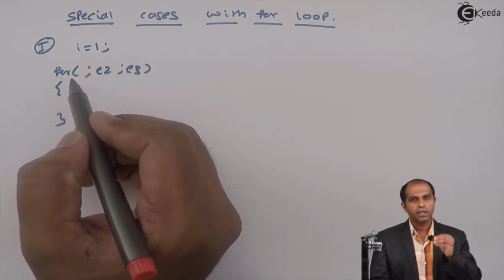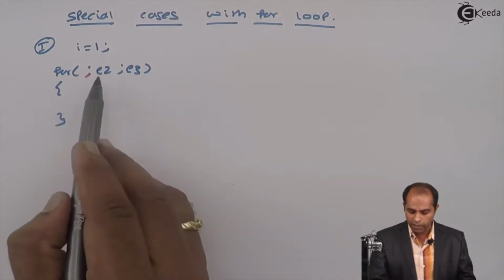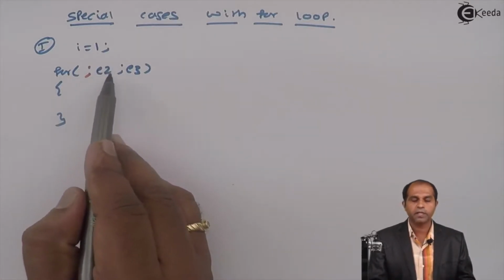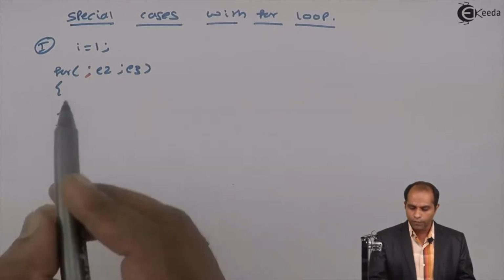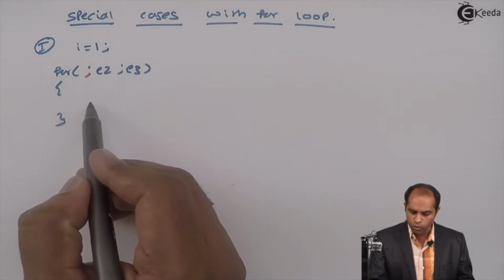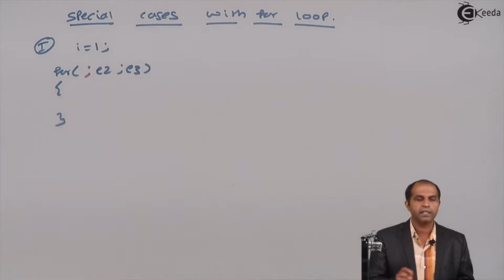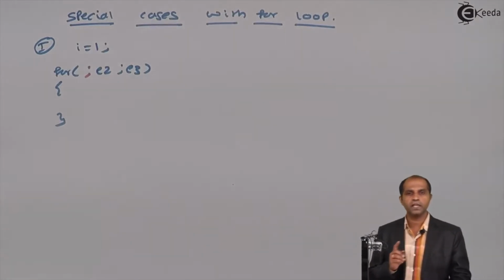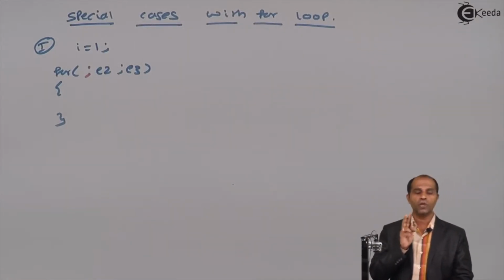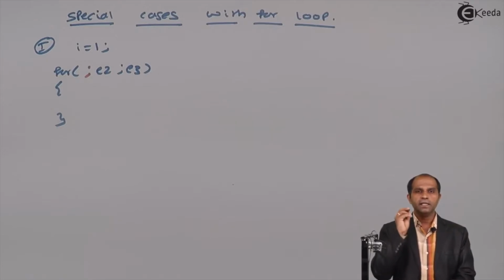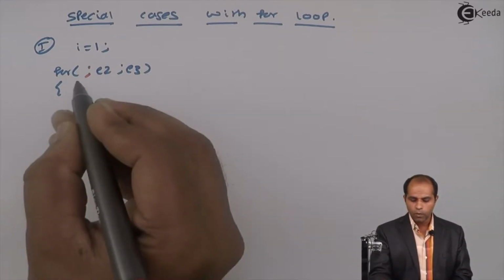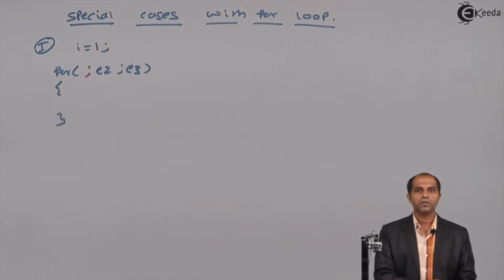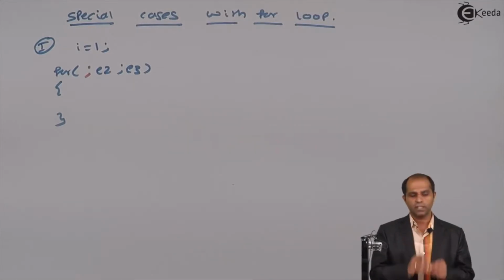It presumes that this expression E1 has been completed. Now let's go ahead and execute E2. So if E2 is true, it says execute the loop and then go back and execute E3 and then E2. So a for loop can work with only 2 expressions provided that there is a syntactical semicolon which appears before E2. Then only it presumes that E1 has been done at some place.